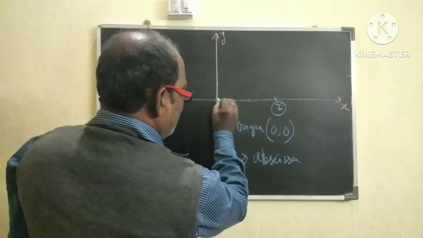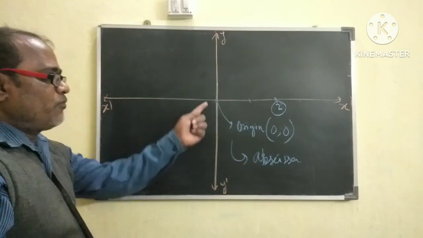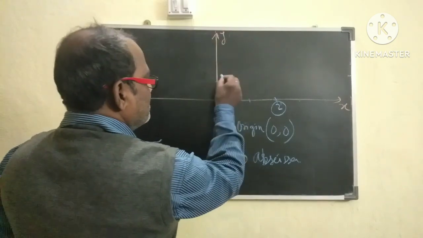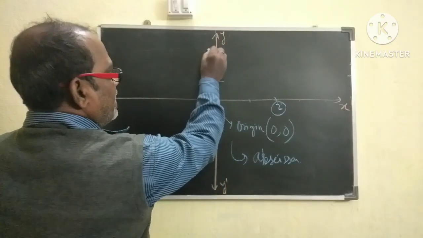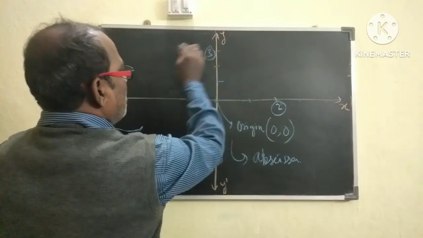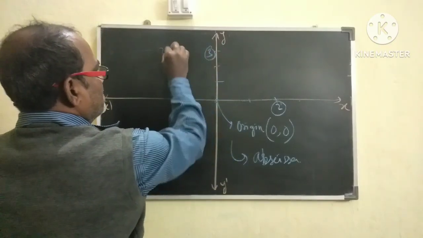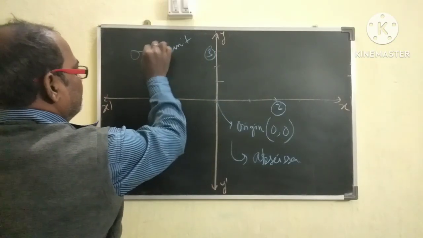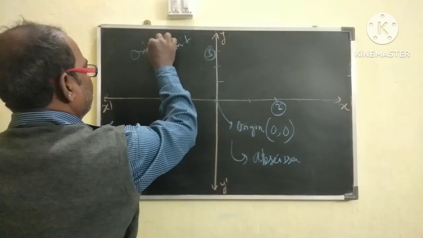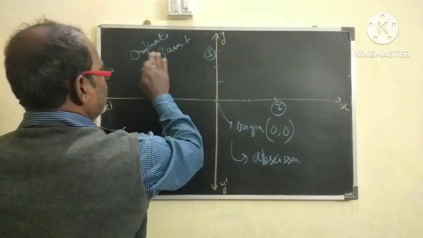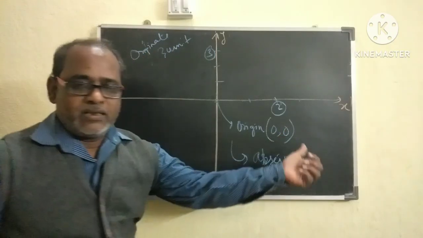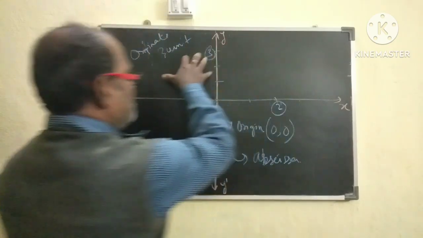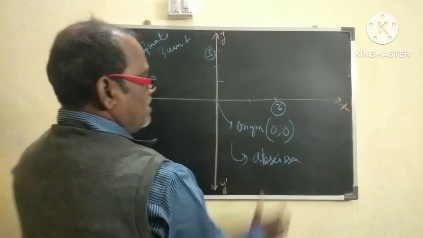And if we measure the distance from the origin on the y-axis, then this is said to be ordinate. Suppose if I write here 3, then the ordinate is 3 units. So have you understood all these things? Now we'll try to find out what is this, what is this, what is this and what is this.